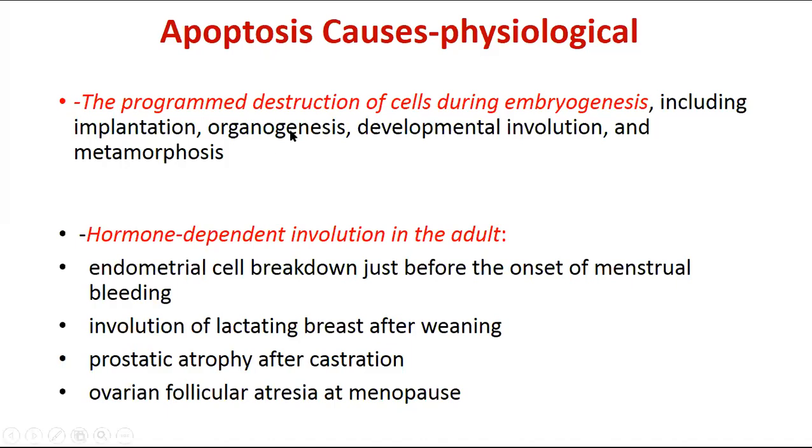And in adults, there is hormone dependent involution, like endometrial cell breakdown during the onset of menstrual bleeding. If you know, every month a reproductive age woman will have a menstrual cycle, the bleeding.